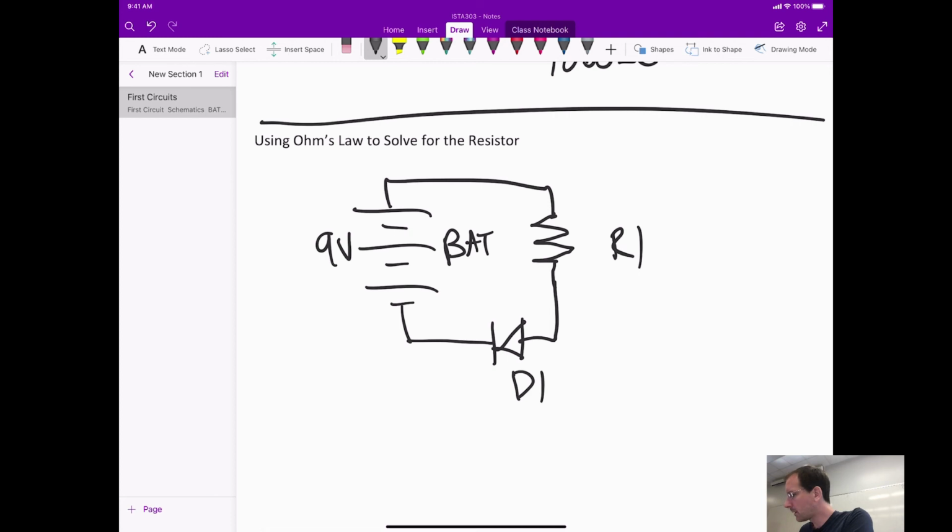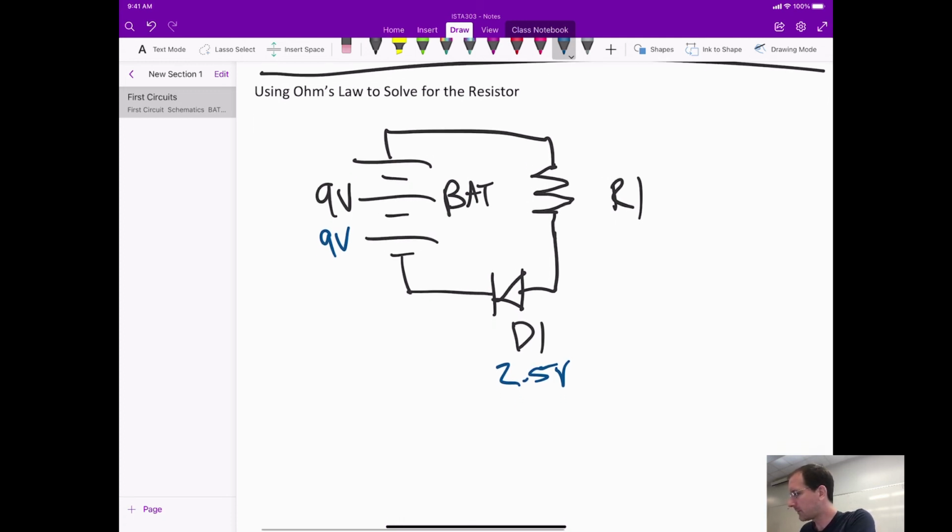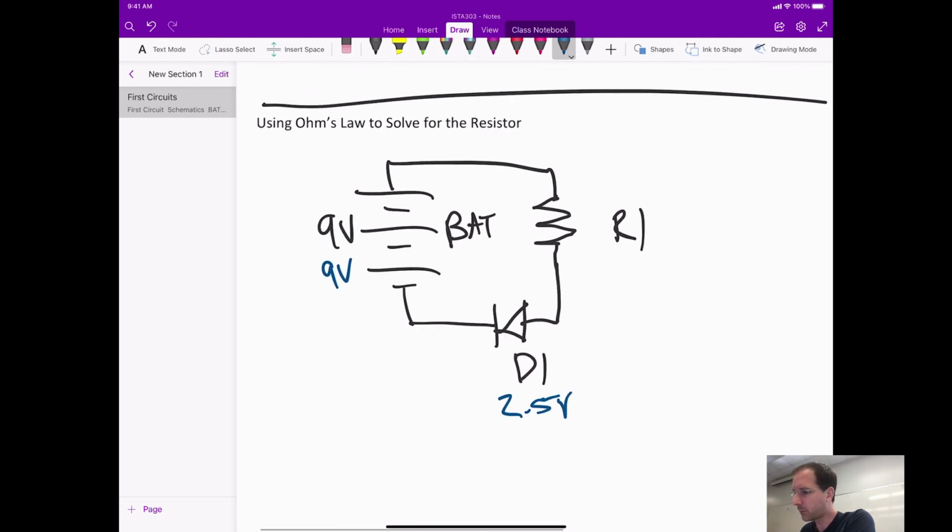And so we know that the battery is generating 9 volts. We know that the LED can only take about 2.5 volts. And again, that depends on what you're setting it to. And so we have some voltage left over that needs to be absorbed somewhere, right? With 9 volts generated and 2.5 volts being used so far, we need to have something else use 6.5 volts in order for the LED not to blow up.